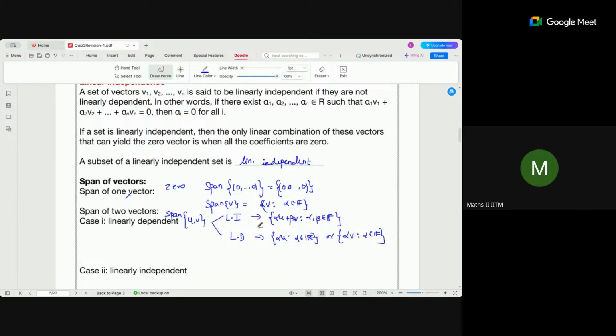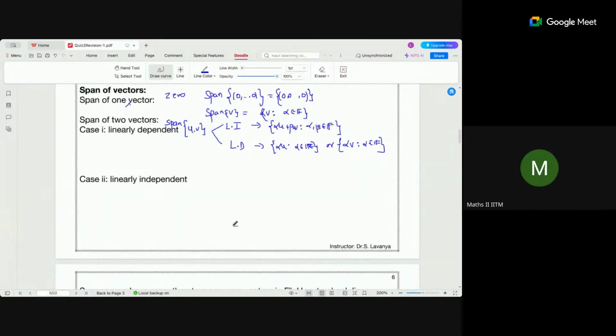I have given the cases separately, but anyway, I wrote it here.